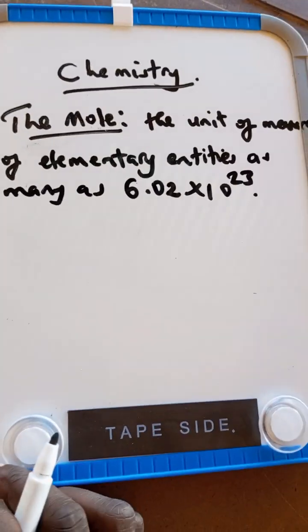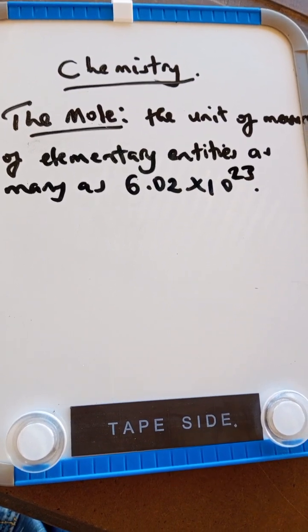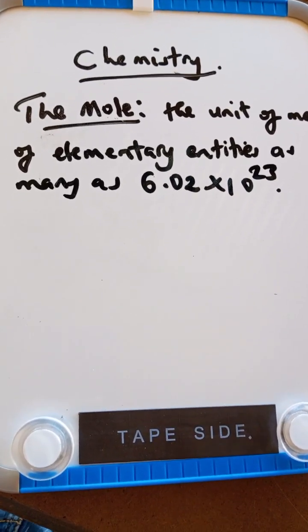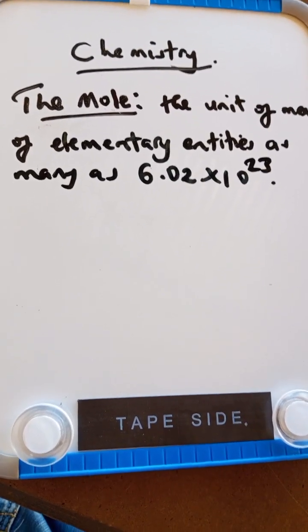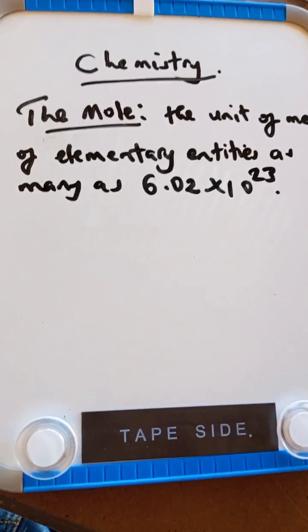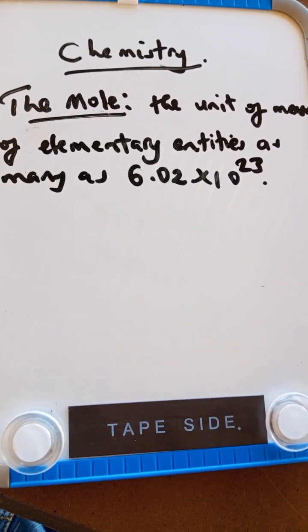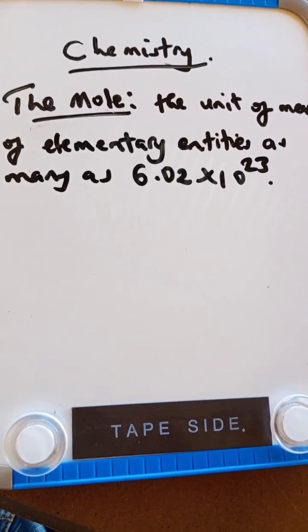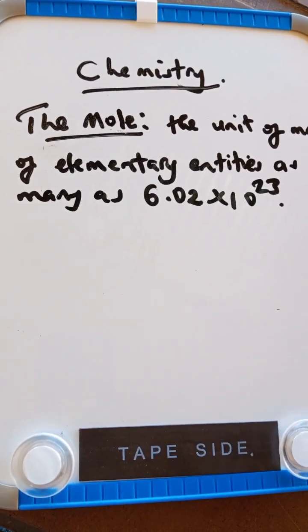That's what the mole is. It is a unit of measure of elementary entities as many as 6.02 times 10 to the power 23, or you can say this is the measure of quantity of particles that are equivalent in number to 6.02 times 10 to the power 23.